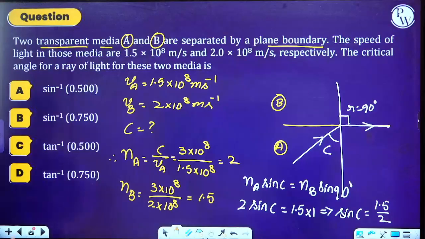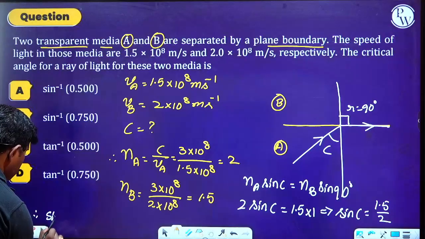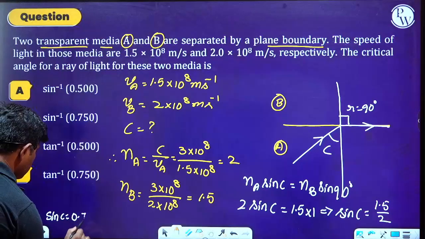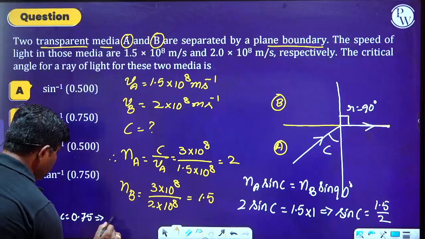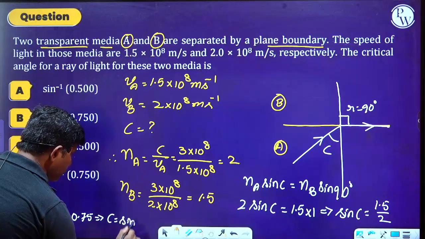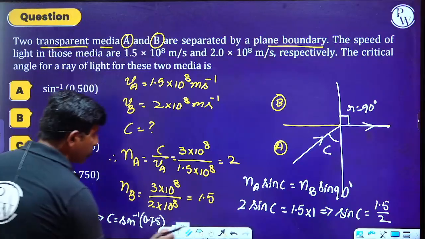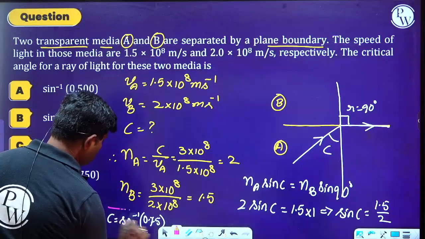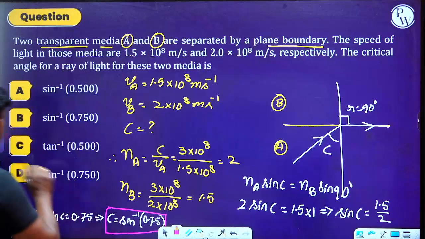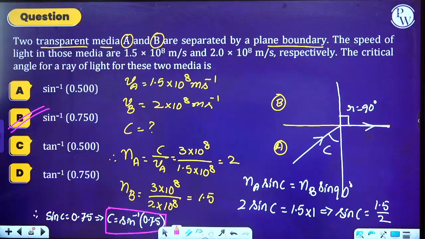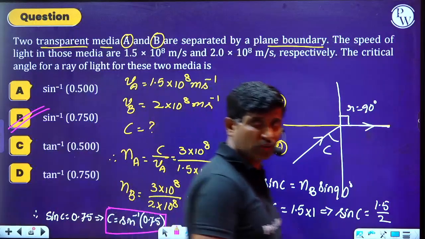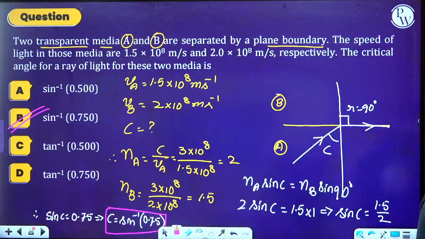Therefore, sin C is equal to 0.75, or C is equal to sin inverse of 0.75. Hence, we can select option B as the right answer. Is it clear? C becomes equal to sin inverse of 0.75.